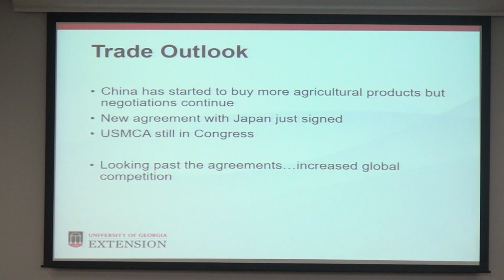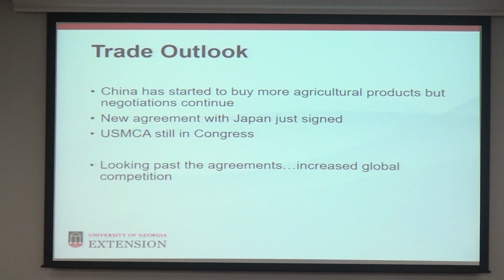However, a lot of those purchases have not shipped at this point, and so whether or not those will actually ship is certainly a question. Negotiations continue, and in a meeting of extension economists a couple of weeks ago, there were discussions around trade, with a lot of surprise that essentially it lasted this long, but not a lot of hope that it's going to come to any conclusion anytime soon.